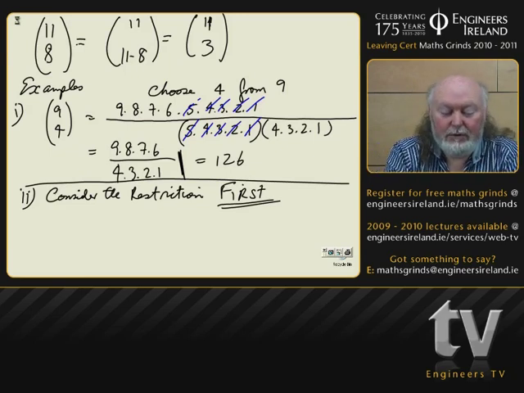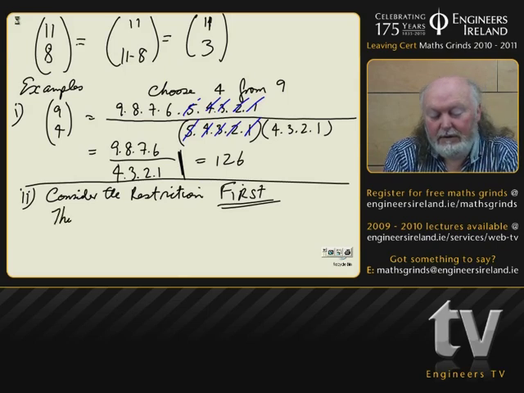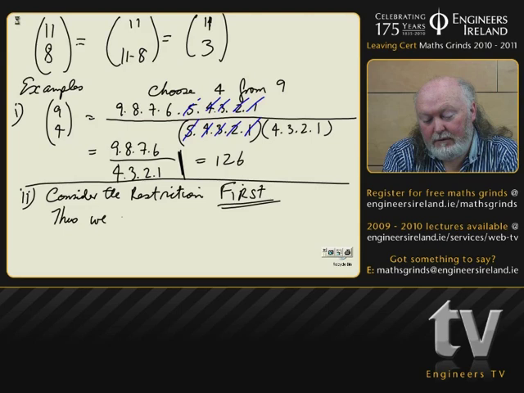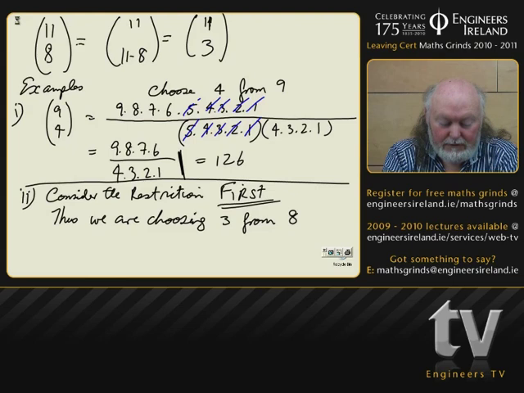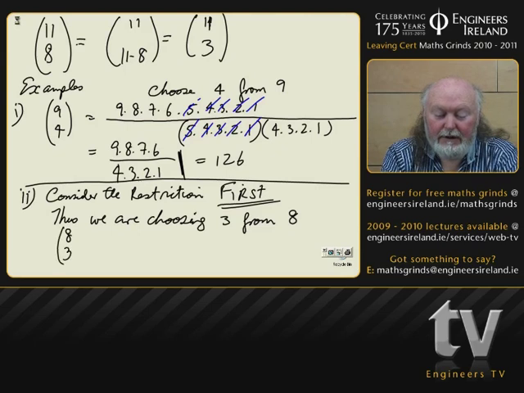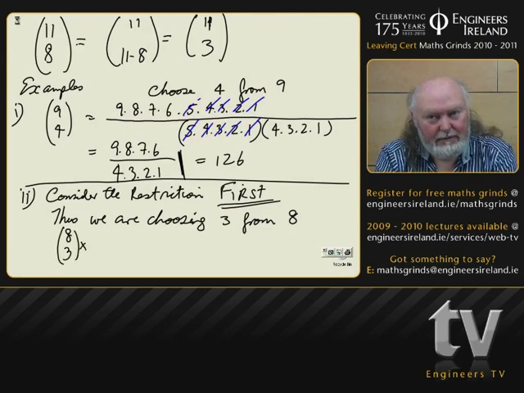Now, what we're looking at, we're choosing 3 from 8. So what we get is 8C3, multiplied by, which is we're choosing 3 from 8 and putting the chairman on.